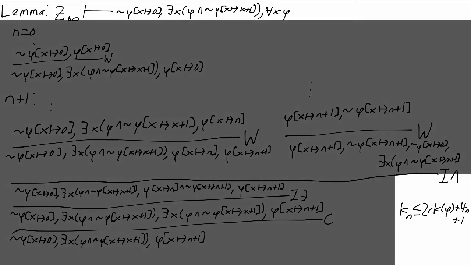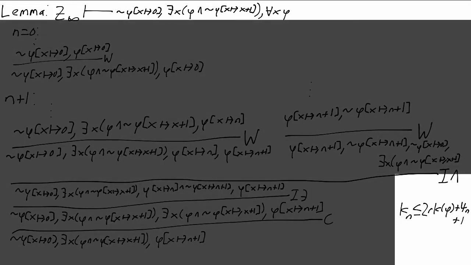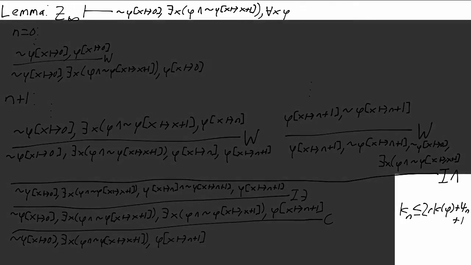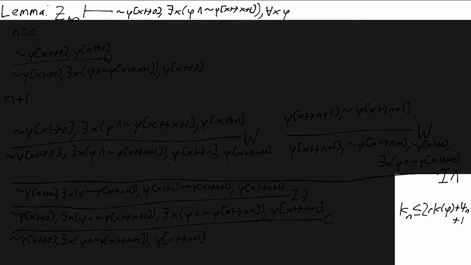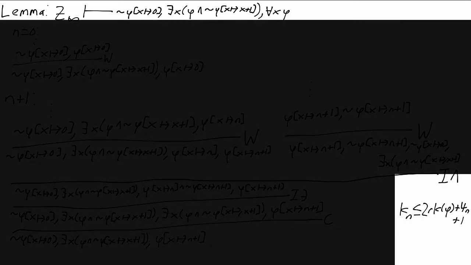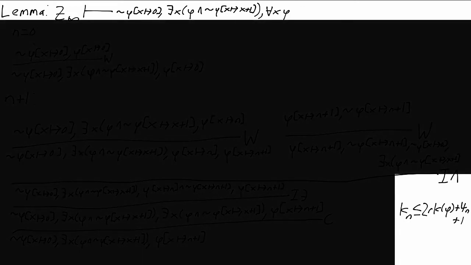Taking beta n to be rank of phi plus 4n plus 1 is never going to work. Tau of rank of phi plus 4n plus 1 is more than 4 times n, so no matter what tau of alpha is, once n is big enough, tau of rank of phi plus 4n plus 1 will get bigger than n. Instead, we'll take 4 to be the coefficient of omega.